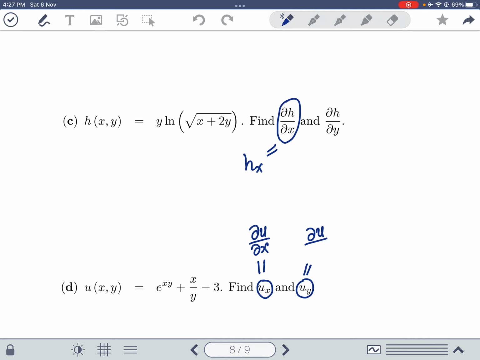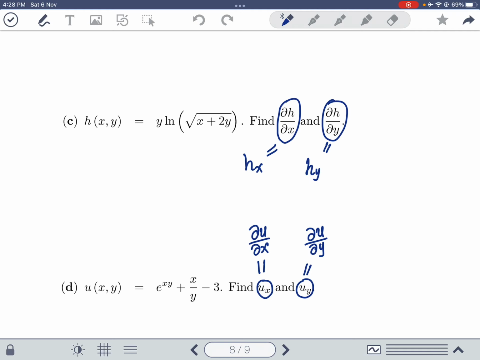This is partial u with respect to y. This is h sub y. You'd ask, why do you have two notations for the same thing? It's because they are useful for different situations. If you understand more higher math, and more about vectors and so on, then you will know why we use both notations in different cases.